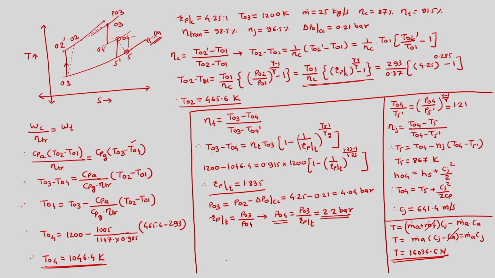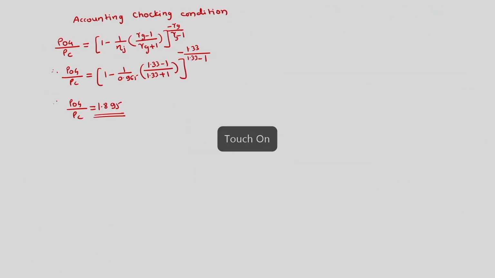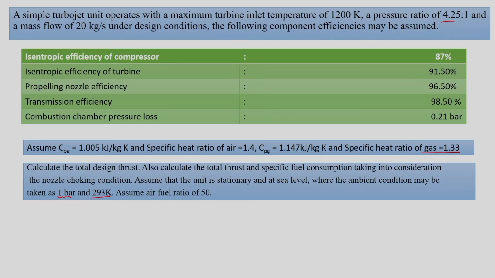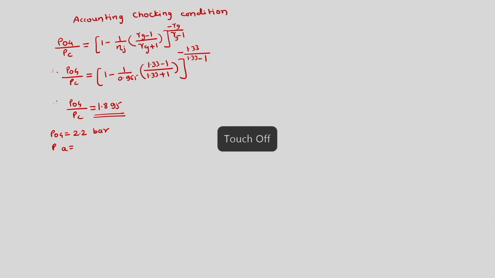We have got P04 as 2.2 bar and PA, atmospheric pressure in this example, is said to be 1 bar.